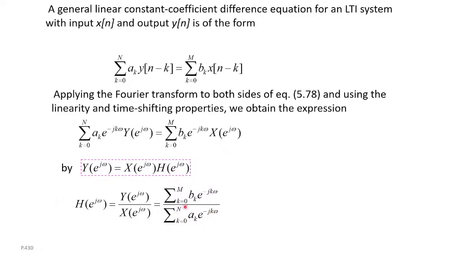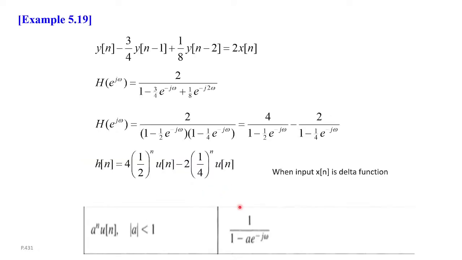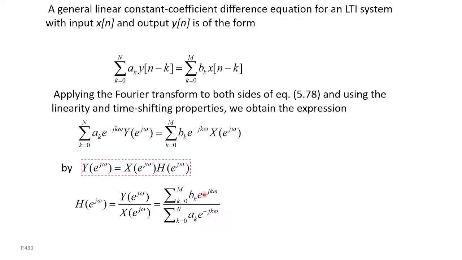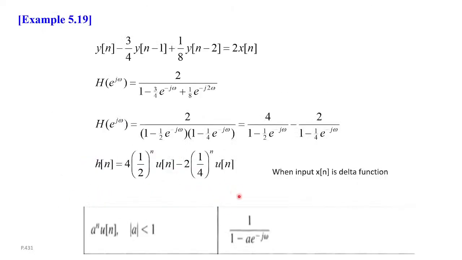It's a little different from the continuous time case, where you have j omega to the k in both places, but here you have e to the minus jk omega. That's the difference in the discrete time system function. But how you deal with this is very similar, so let's see an example.